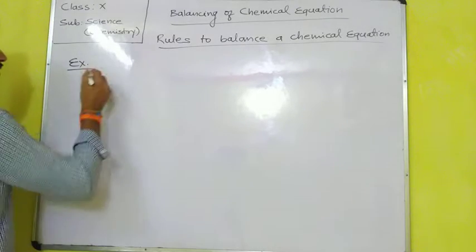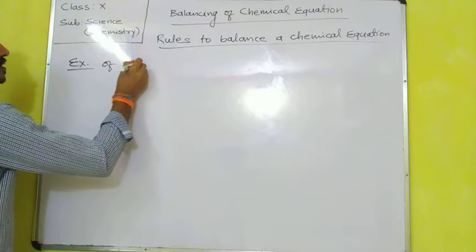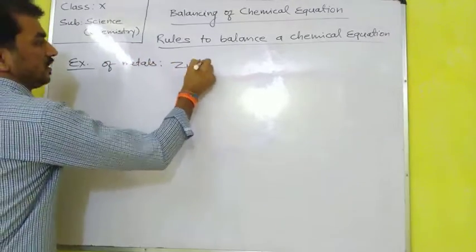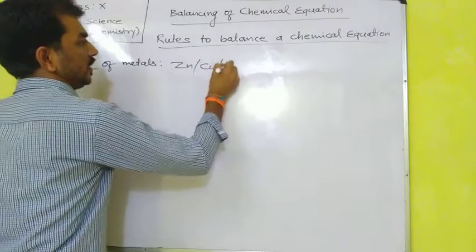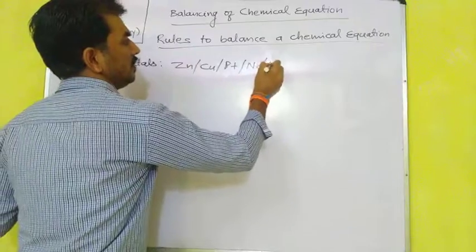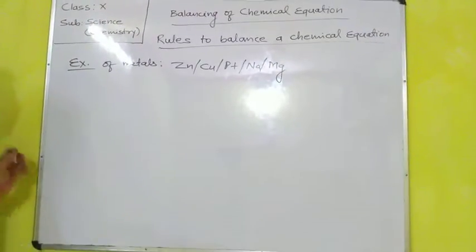For example, if zinc is present, if copper is present, if platinum is present, if sodium is present, if magnesium is present, first we have to balance such type of elements.